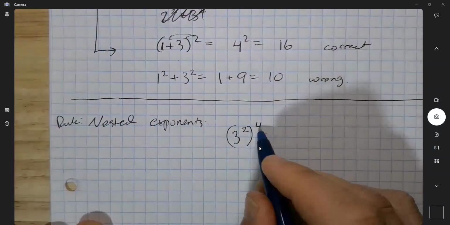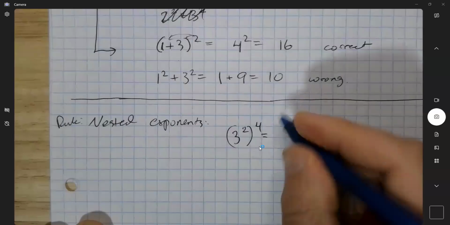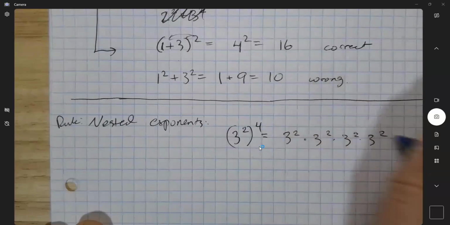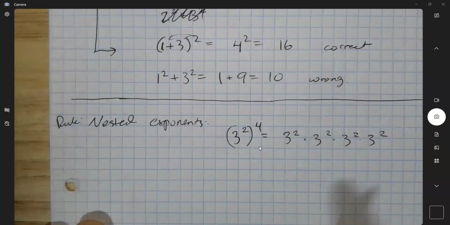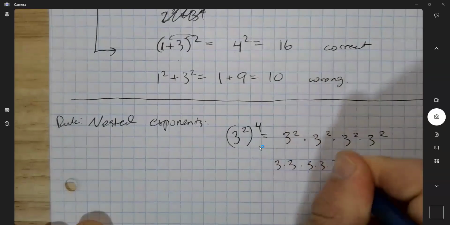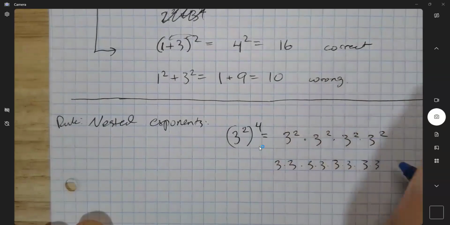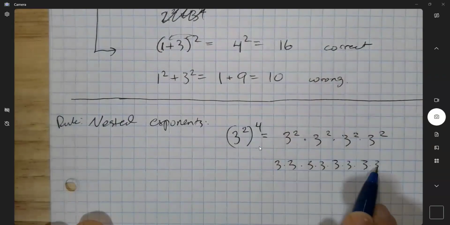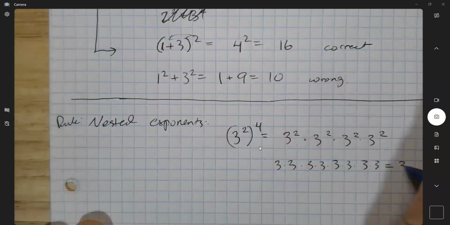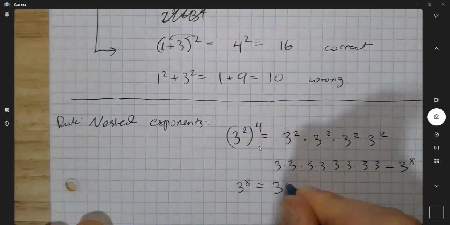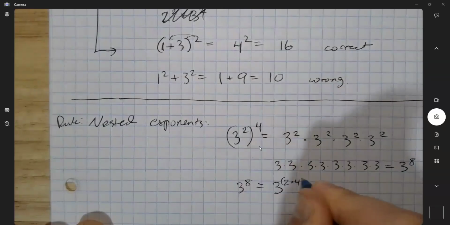Well, I know that the fourth power means I'm going to do 3 squared times itself 4 times. But I also know that 3 squared is 3 times 3. And so I'm going to end up with 1, 2, 3, 4, 5, 6, 7, 8 threes multiplied together. And 3 to the 8th is equal to 3 to the 2 times 4.